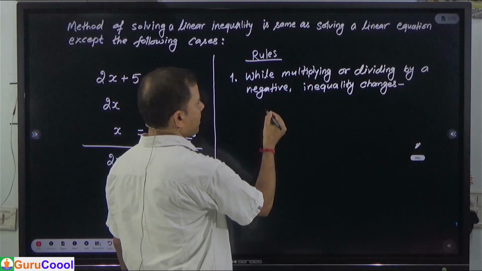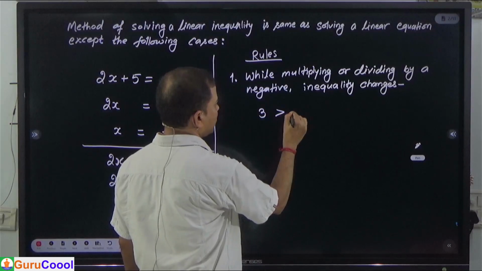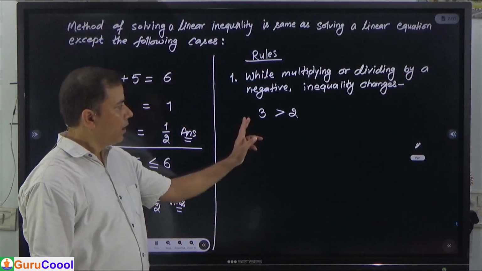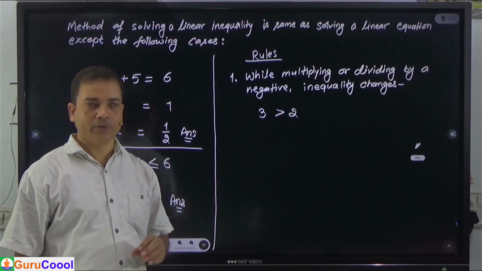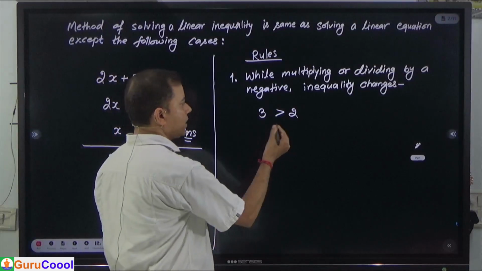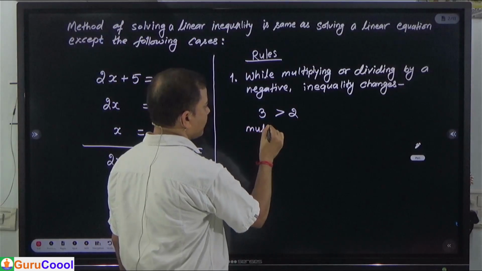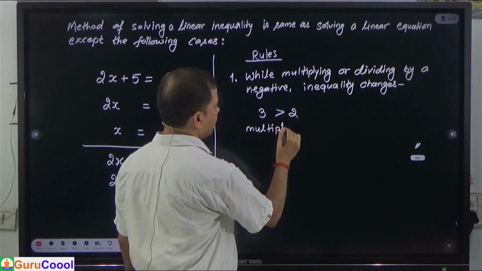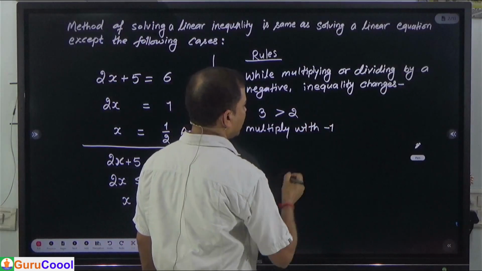For example, 3 is greater than 2. This is an inequality. If we divide both sides or multiply both sides of this inequality with a negative number, any negative number, let's say we multiply with -1.